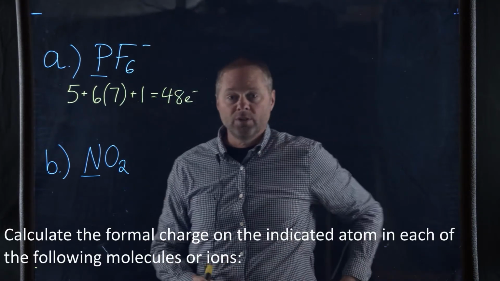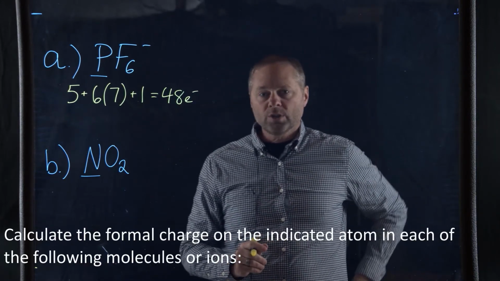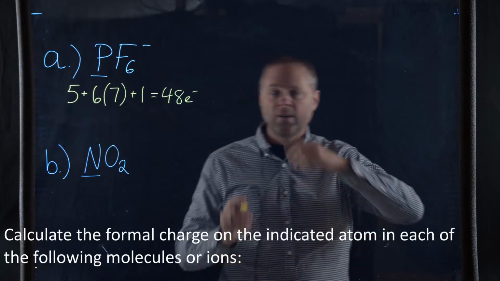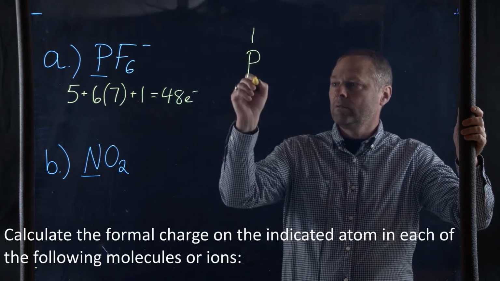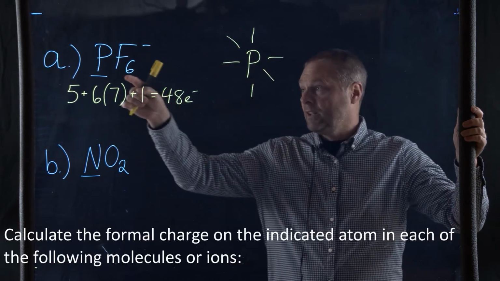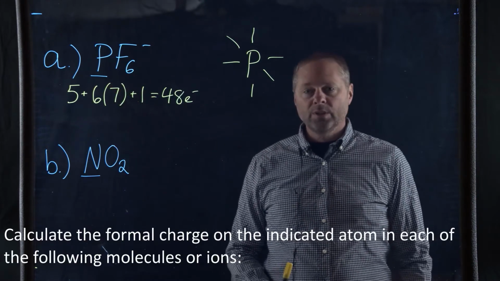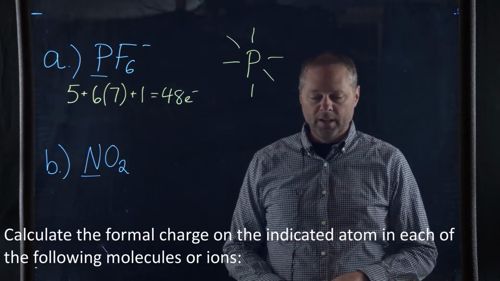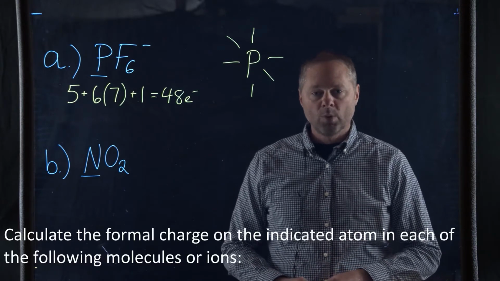And the next thing I'm going to do is draw the Lewis dot structure for this molecule. And so I'm going to have the phosphorus in the center because it's more metallic. If you ever have a problem determining what is going to be the central atom, it's going to be the one that is most metallic.